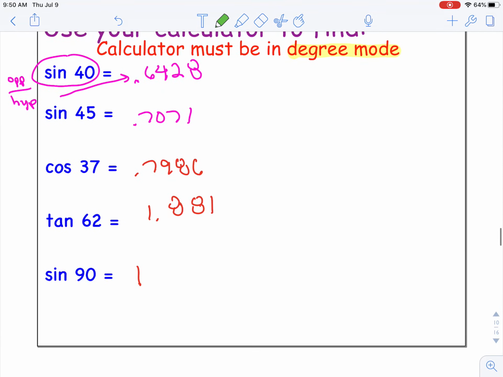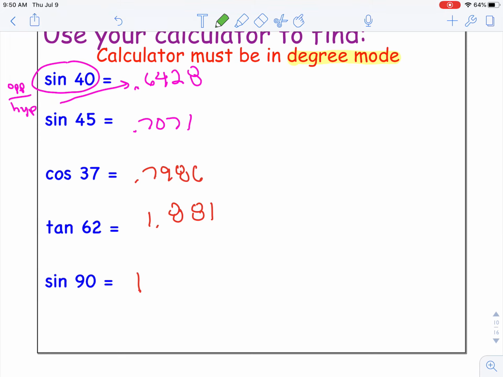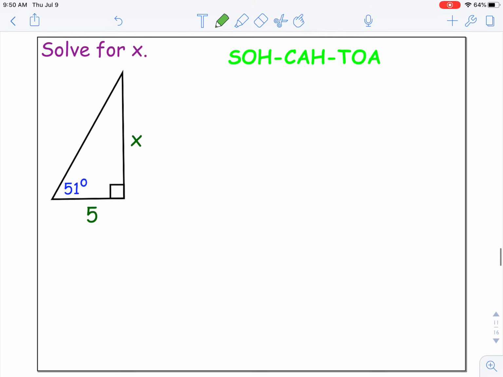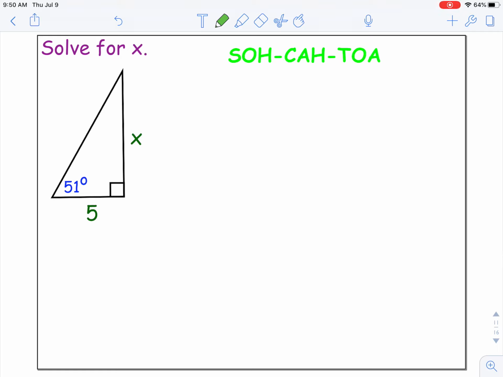So now let's use these stored ratios in our calculator to actually set up a problem and solve for x using the idea of similar triangles. And the fact that in this case, for every 51-degree angle there is a ratio that when you take this side, which happens to be the opposite, and this side right here, which happens to be the adjacent, so the ones that I need to deal with are O and A, which is our TOA.